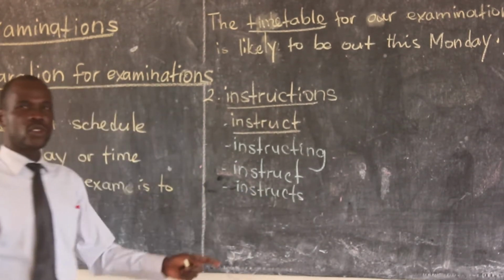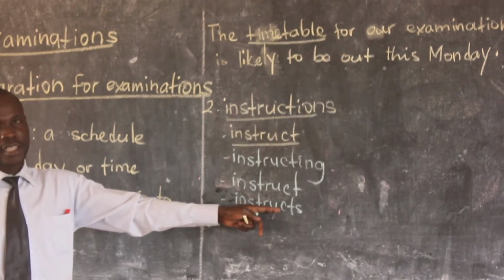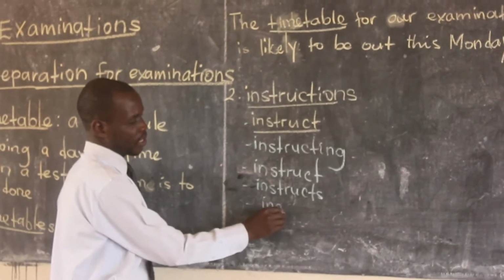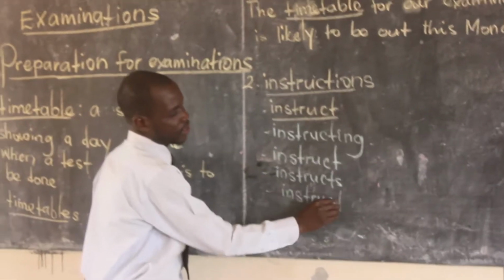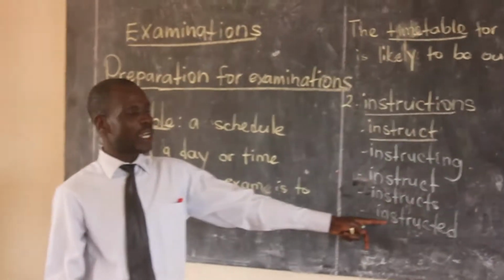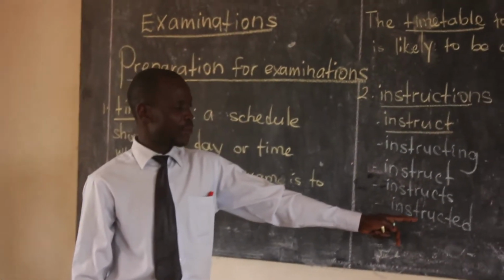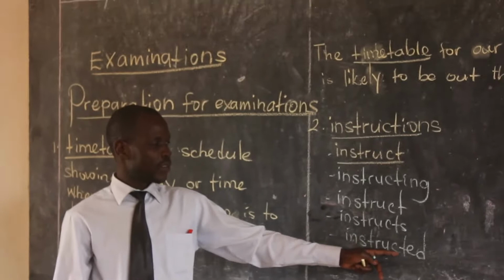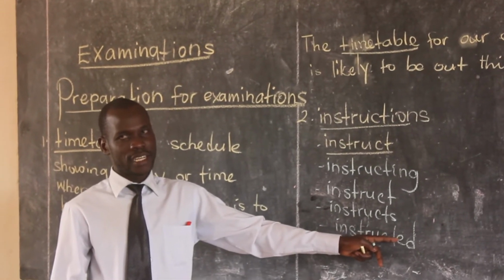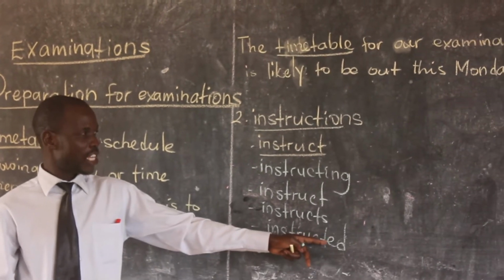This one calls for the use of S, because you're talking about singular subjects. Then the past tense, instructed. The teacher instructed us to write well. The past tense and the past participle here are the same. Instructed, we can also say, John has instructed. The teacher has instructed. They have instructed.